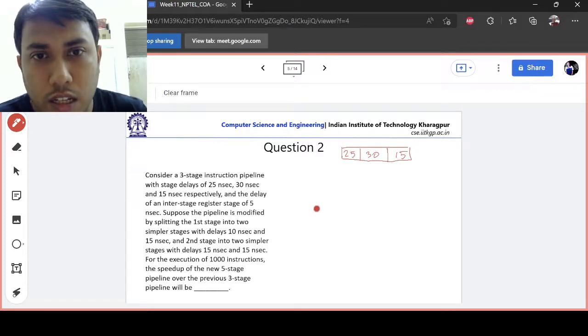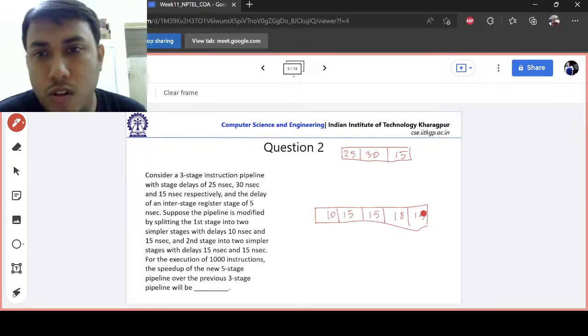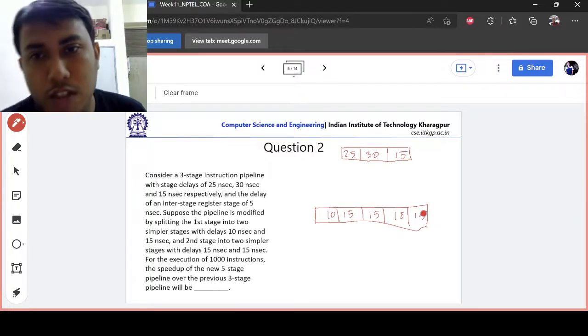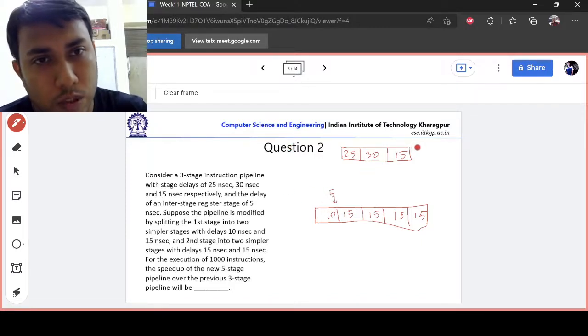Next, it has been told that we are splitting the first and the second stage into 10, 15, and 15, 15, and the next stage into 15. So what is the execution speed after this? And also it is given that there is an interstage delay of 5 in both cases.